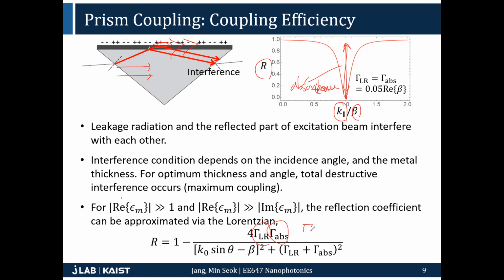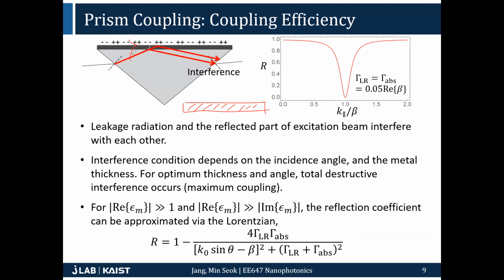Again, gamma leakage radiation and gamma material absorption. So you don't need to fully understand this, but what I want to convey to you is that in this configuration, as I said, these plasmons can lose its energy in two manners.